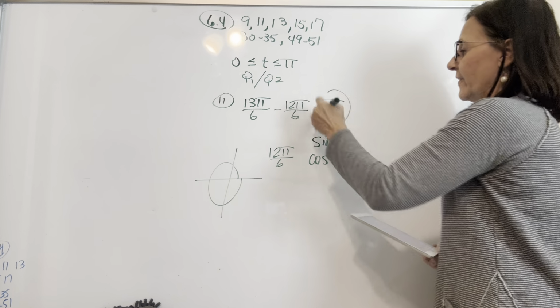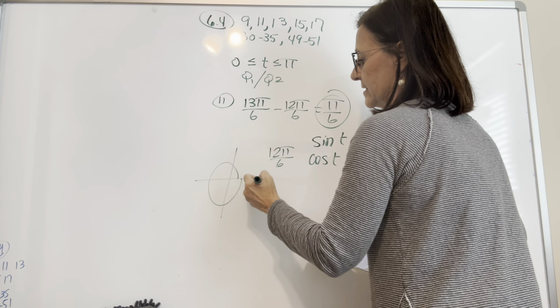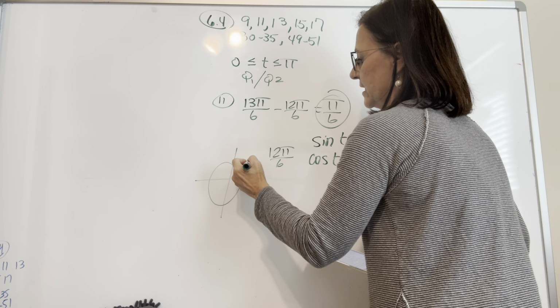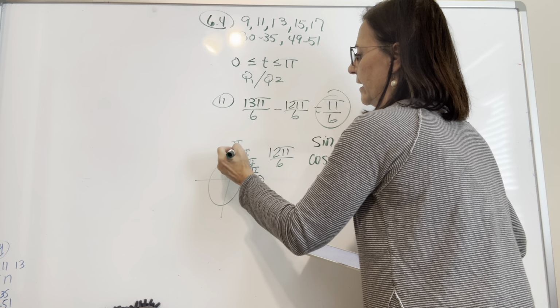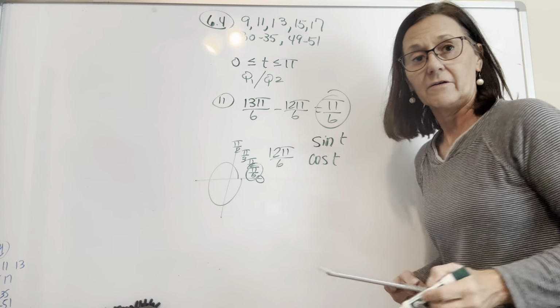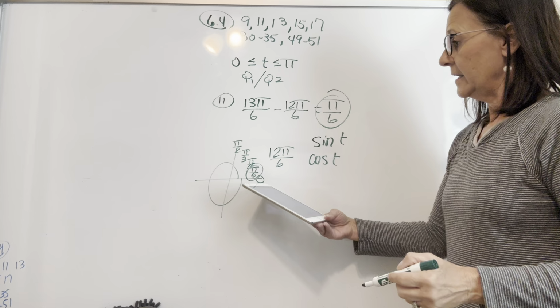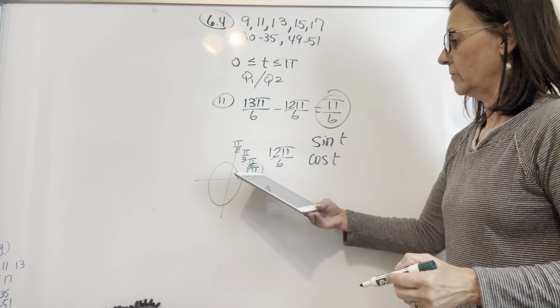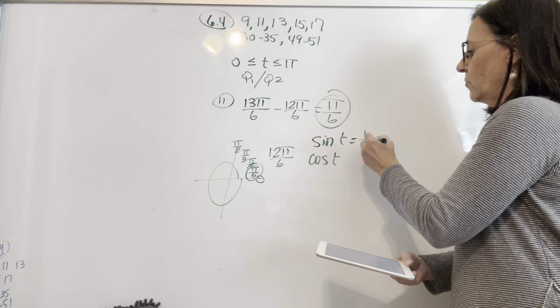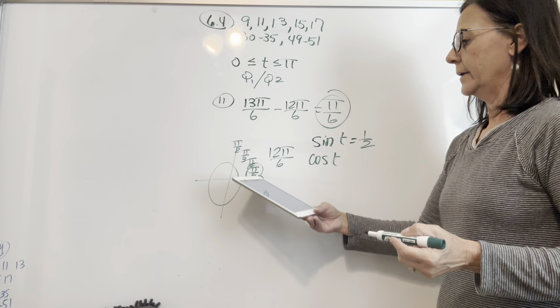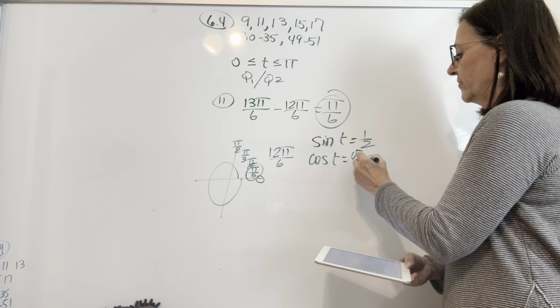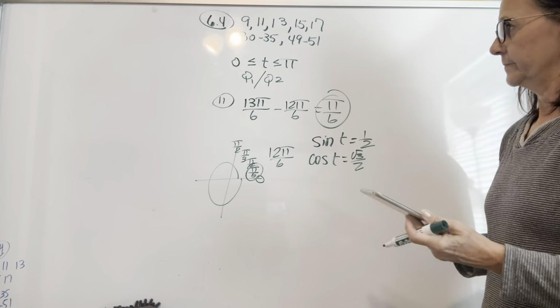We go from 0 to pi over 6 to pi over 4 to pi over 3 to pi over 2. So the sine counts up from 0 to 1, so it's 1/2, and we're in the first quadrant. The cosine counts down from 1, 3, so that's square root of 3 over 2.